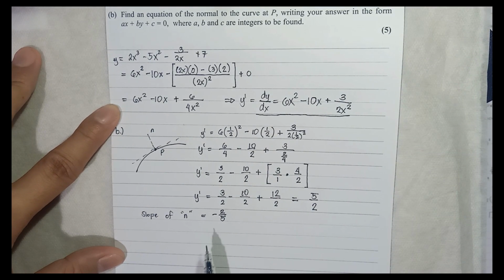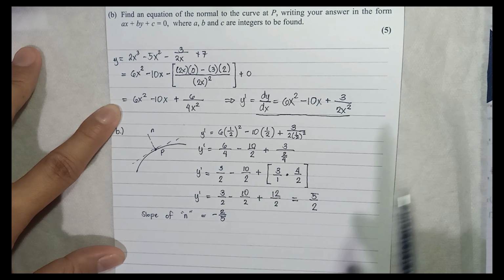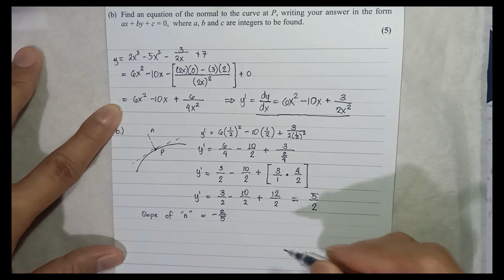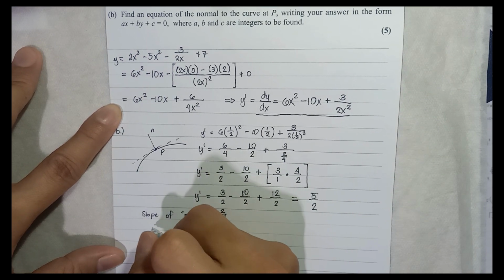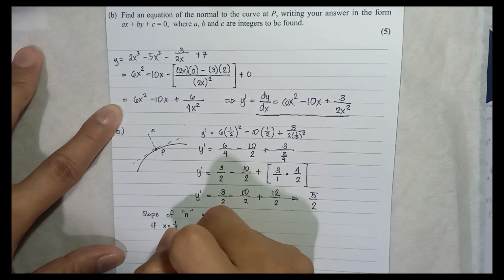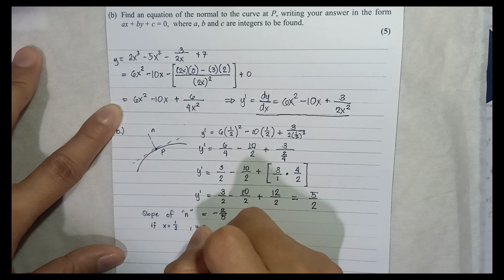Since we have this slope and the point on that line, we can solve for the y coordinate by substituting it to the given function. So to make this shorter, if x is 1/2, y will be equal to 3.